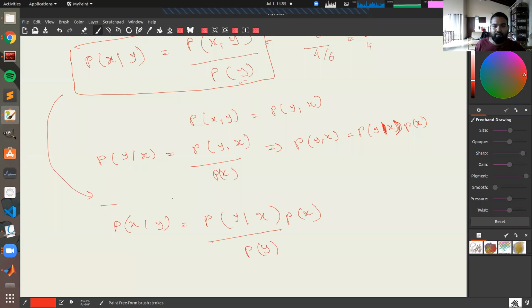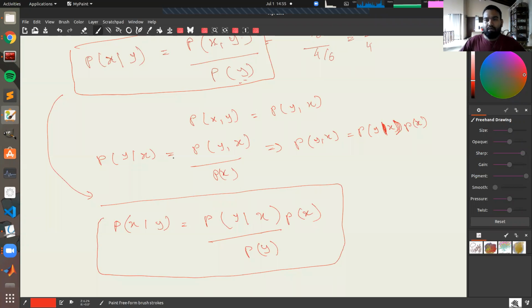This is another way to write conditional probability: to find the probability of x given y, take the probability of y given x, multiply by P of x, and divide by P of y.